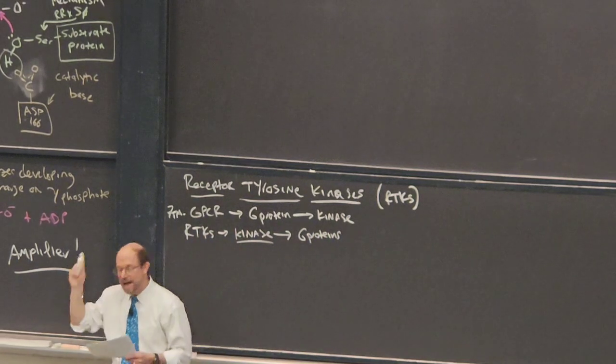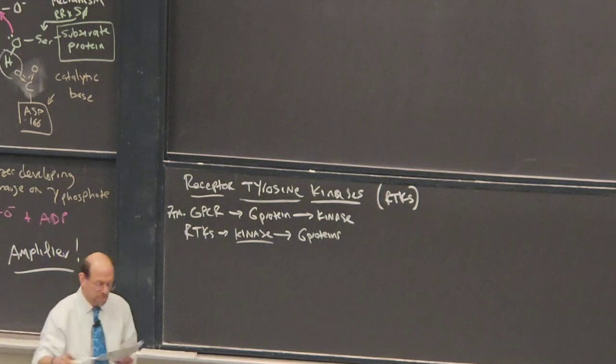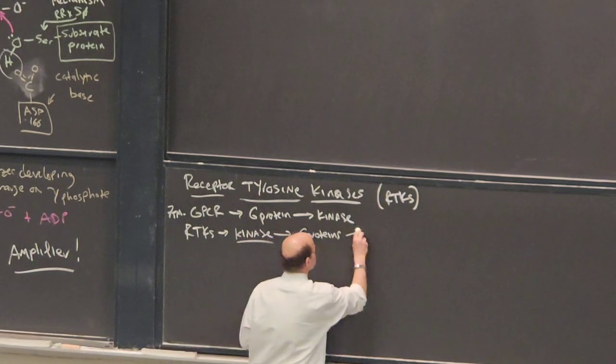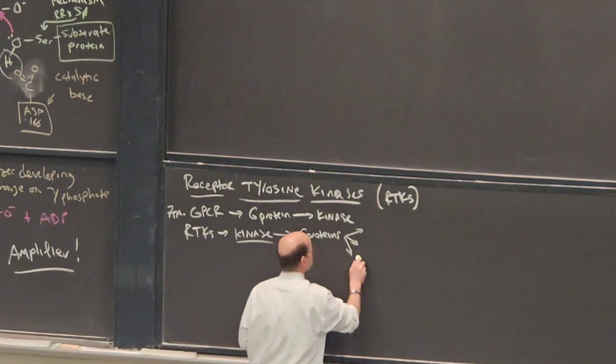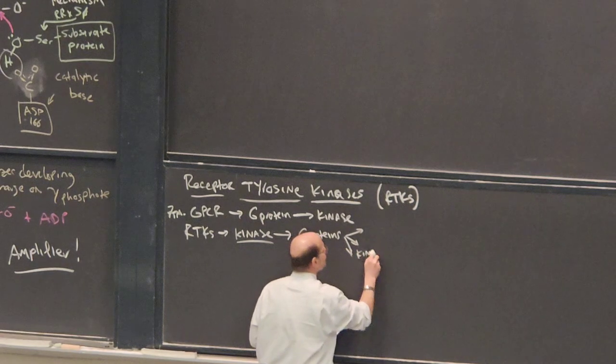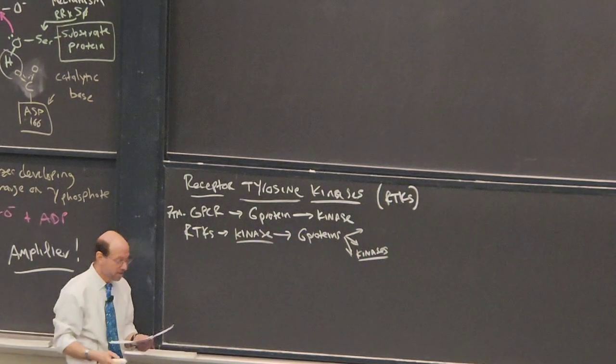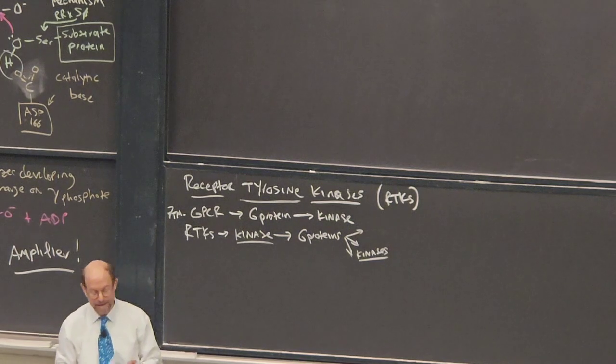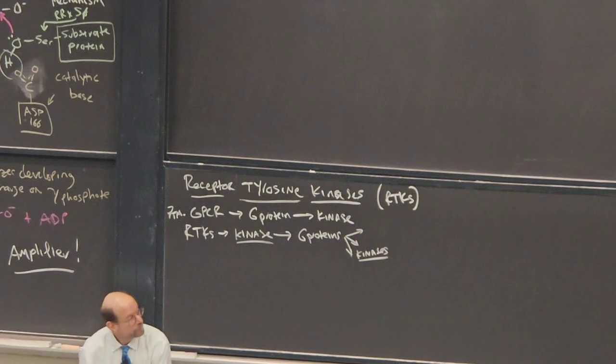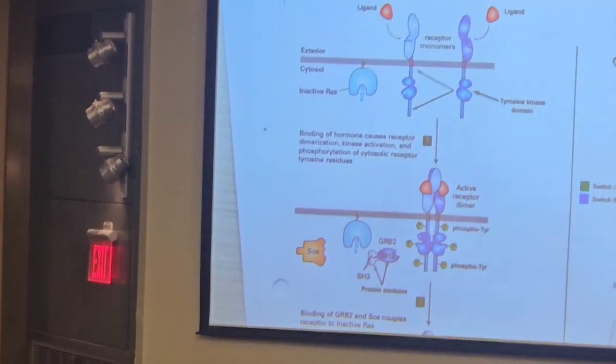Different G proteins, not heterotrimeric G proteins, but small G proteins, and those can do a wide variety of things, including activating other kinases. So that's a fundamental difference. Now I'm going to put up the handout that I gave you. We're going to walk through this one step at a time.